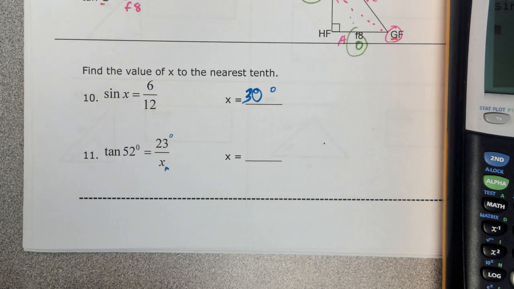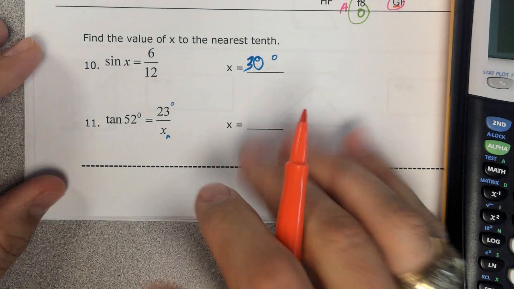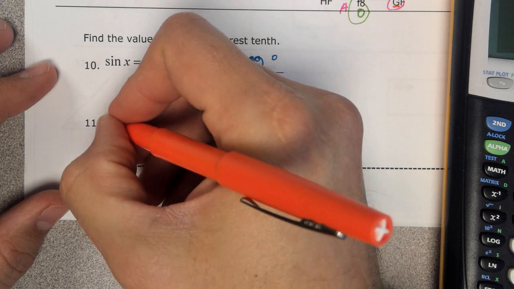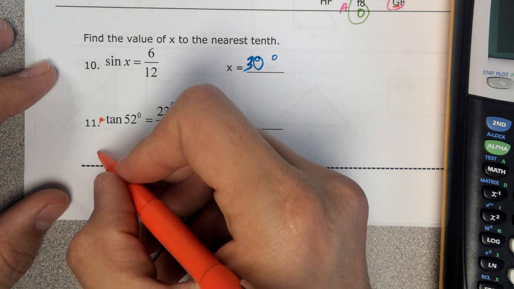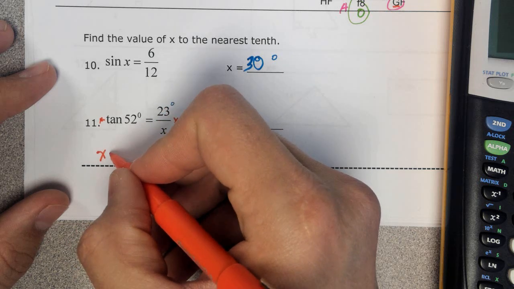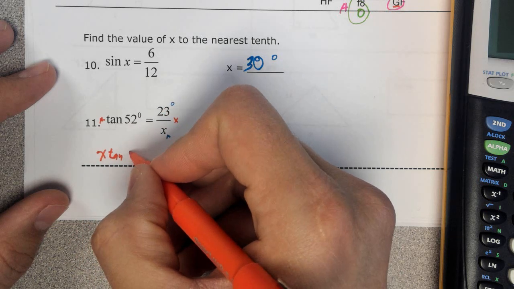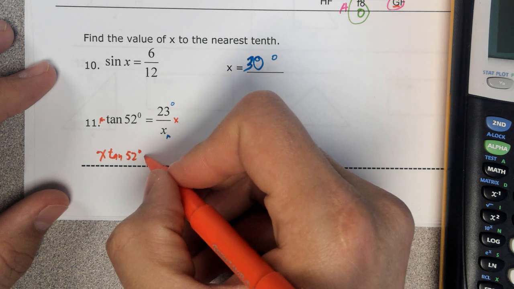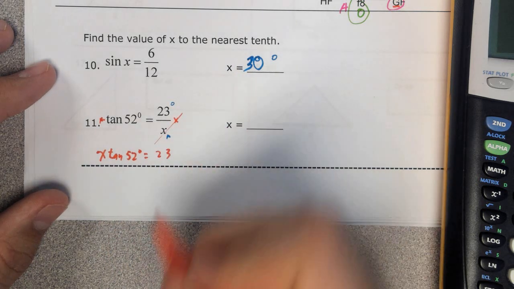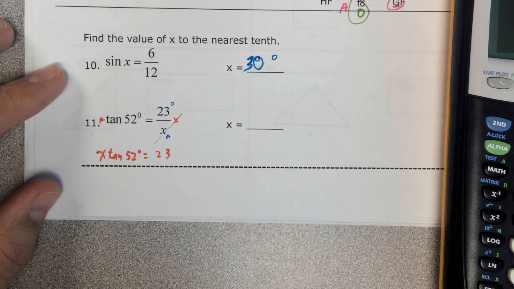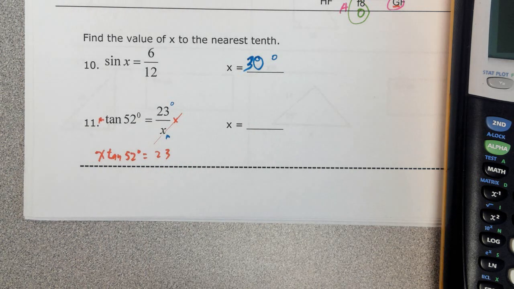To get this x by itself, I'm first going to multiply both sides by x. So now I have x tangent of 52 degrees is equal to, and those x's will cancel, 23. I again have to do a little bit of simplifying.